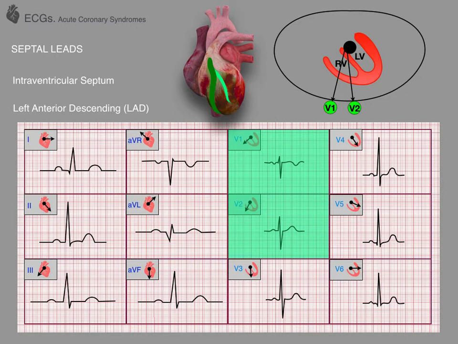V1 and V2 are often referred to as the septal leads. So these leads are good at reading over the intraventricular septum, also supplied by the LAD.